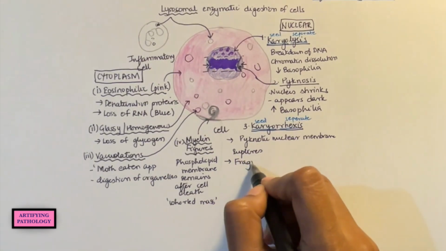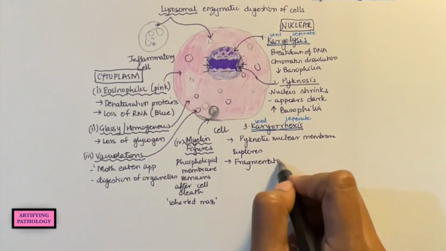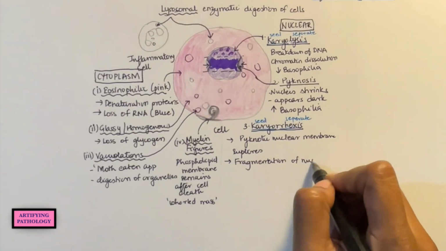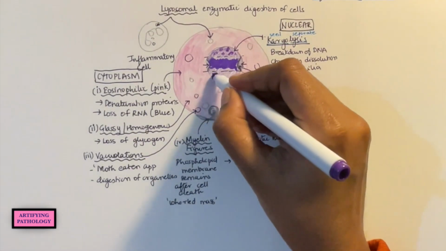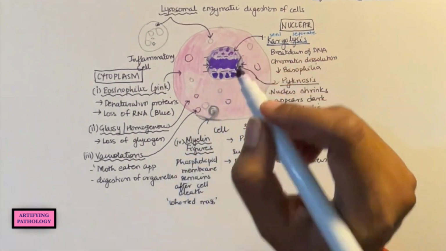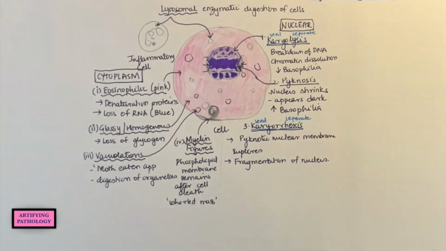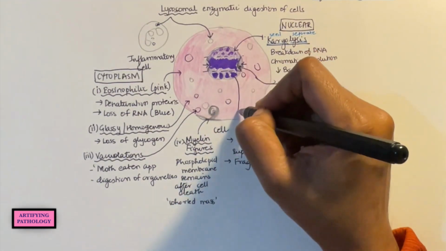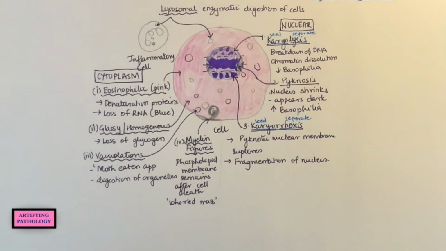So we see fragmentation of the nucleus in karyorhexis. So these are the nuclear features: karyolysis, pycnosis, and karyorhexis.